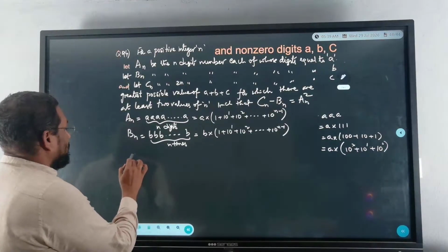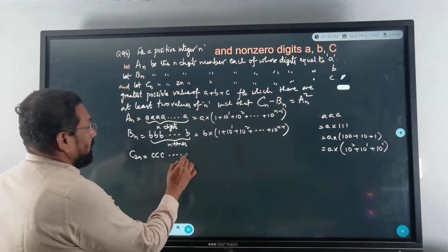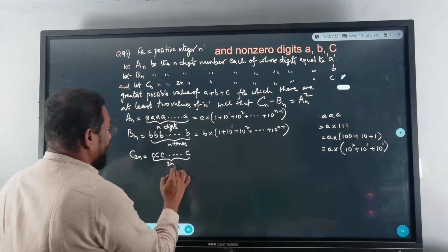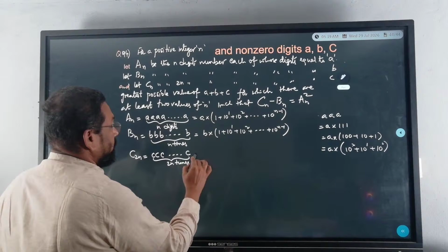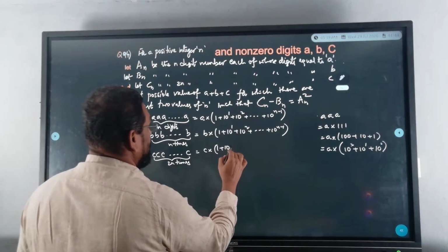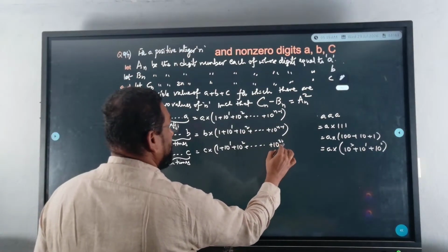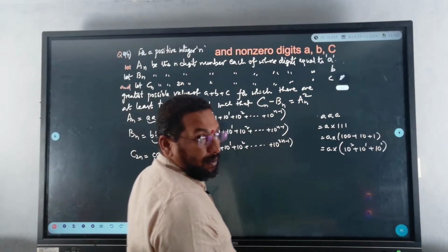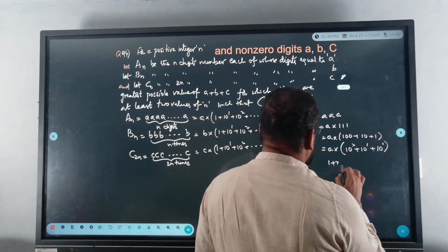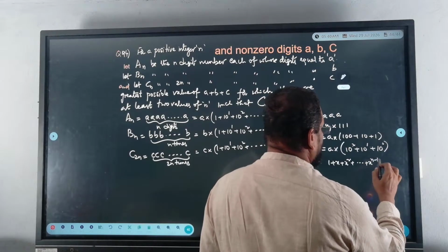Like c2n, this is 2n times, so c into 1 plus 10 power 1 plus 10 square plus and so on plus 10 power 2n minus 1. Now this is 1 plus x square plus and so on plus x power n minus 1.